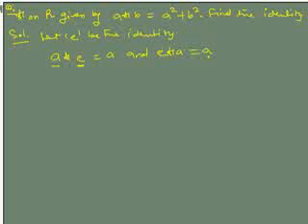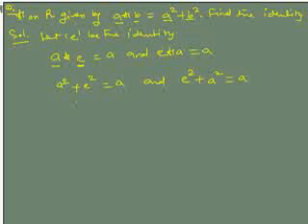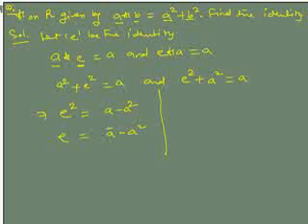You can see that A star B is A square plus B square. So A star E should be A square plus E square is equal to A, and from here we will have E square plus A square is equal to A. So E square is A minus A square. So E would be plus minus the square root of A minus A square.